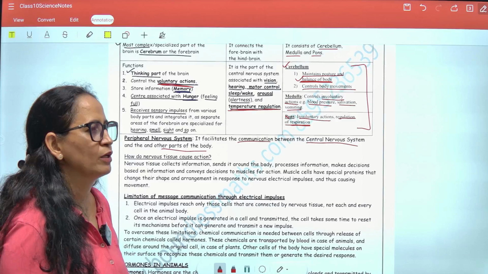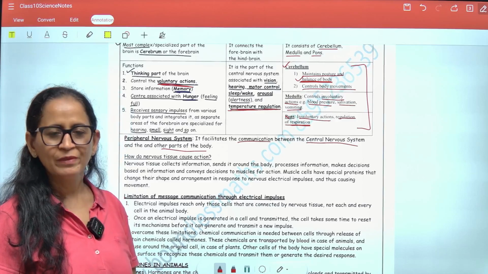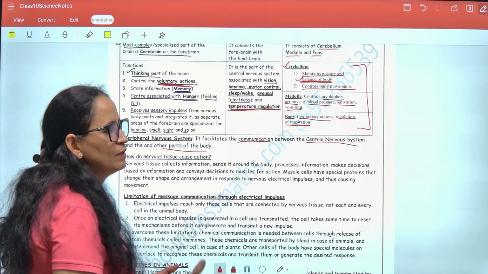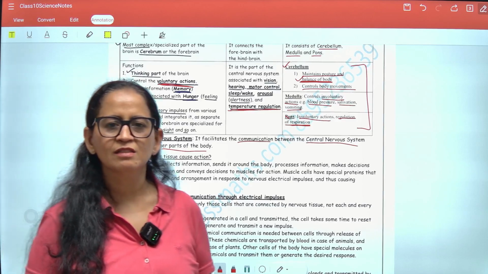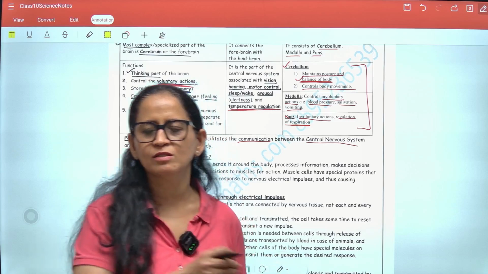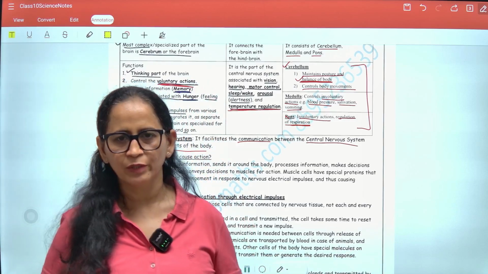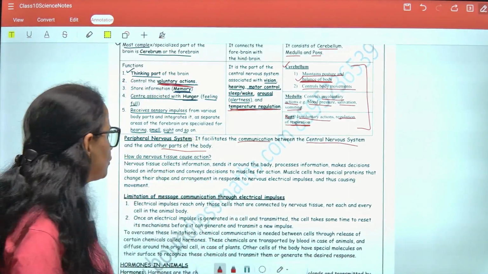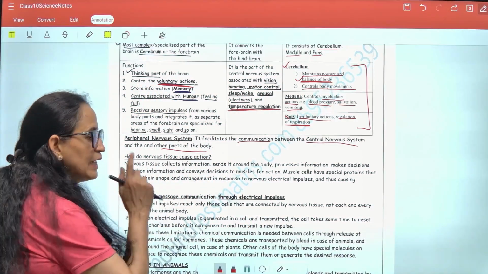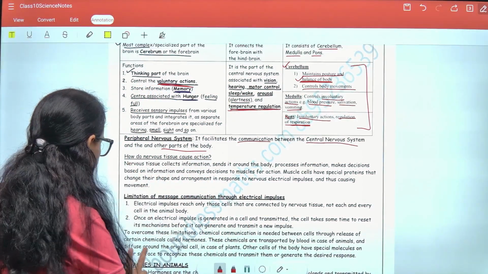So some parts of the body cannot be controlled by the nervous system. Secondly, the processing of messages done by the nervous system is sequential. Unless one message is completely relayed and transmitted to the next neuron, the next message is not going to get captured. So because of these two limitations, we have the endocrine system, right?